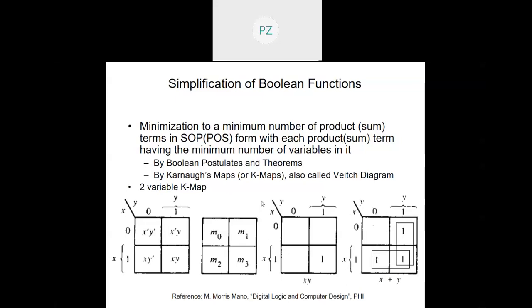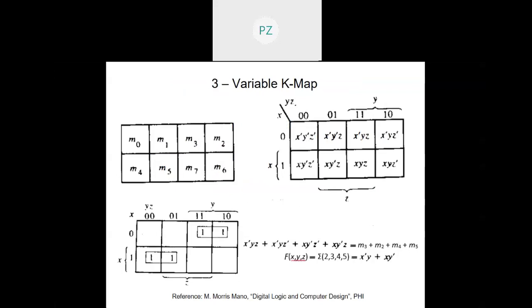So in the case of two variable K-maps, the advantage of K-map may not be that obvious, but when we move on to a three variable K-map, suppose those variables are x, y, z. Now this one is 0, 1 as we've seen in the previous case, but over here this one will have 0 0, 0 1, 1 1 and 1 0.